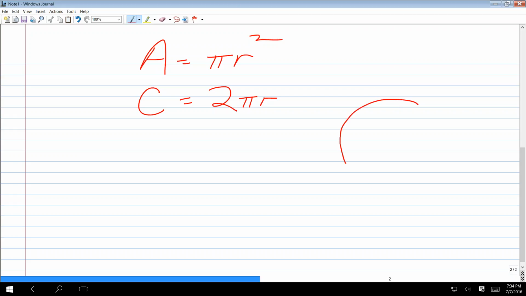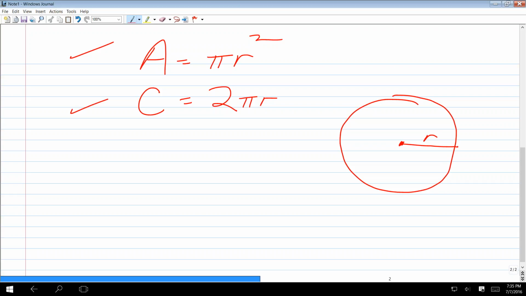Okay, so what that tells you is that there is only one important variable for a circle, and that's the radius. The radius tells you everything. If you know the radius, you know the area. If you know the radius, you know the circumference.